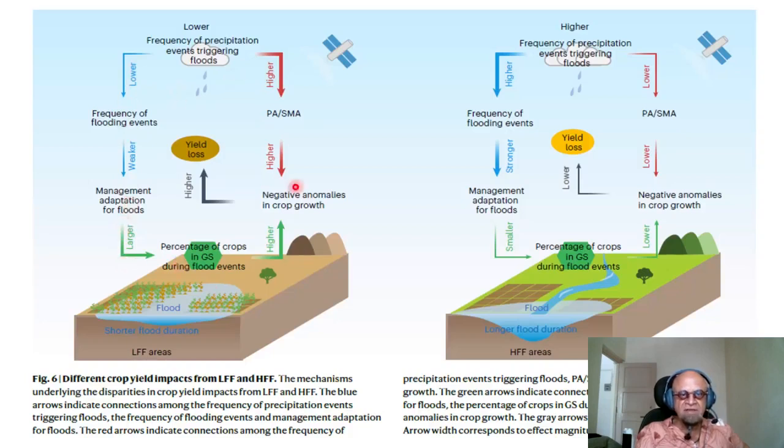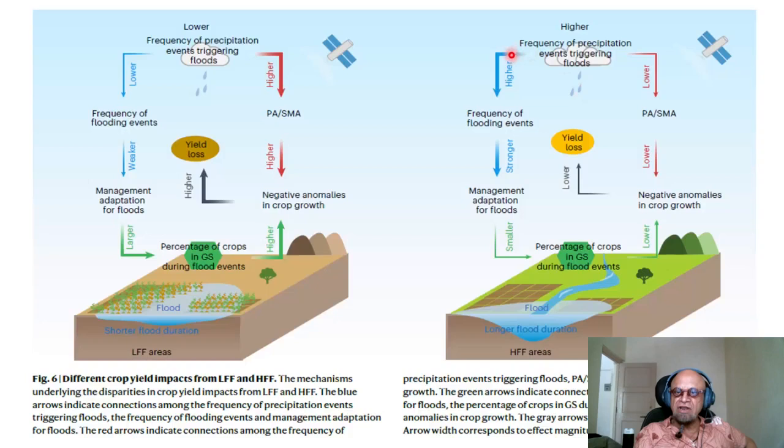So obviously you have frequency of floods being low, intensity being high, so you have to worry about whether frequency of precipitation events triggering floods are lower or higher, and the same thing in the higher frequency of precipitation events triggering floods.